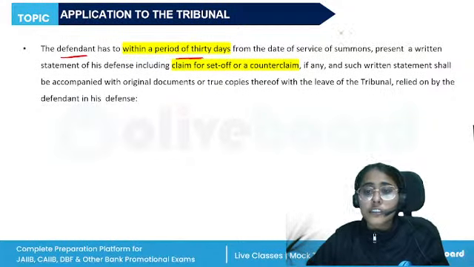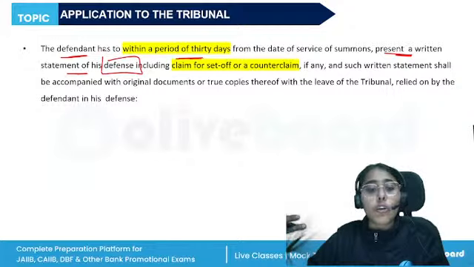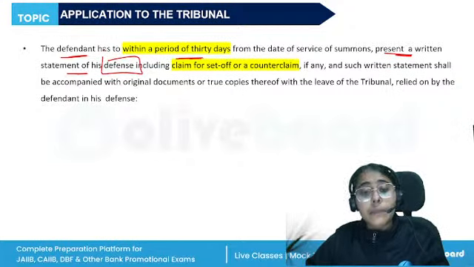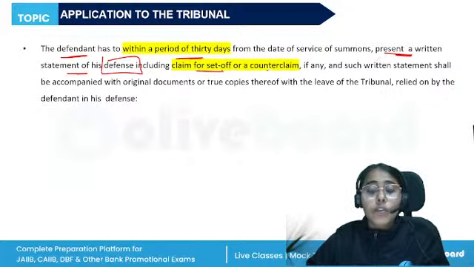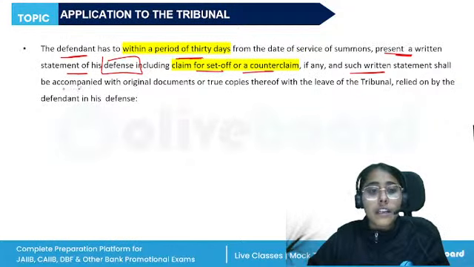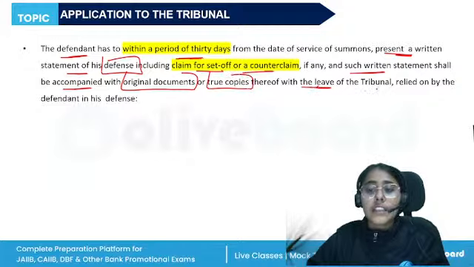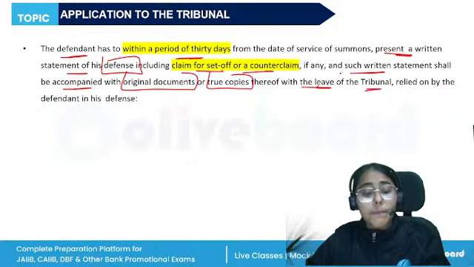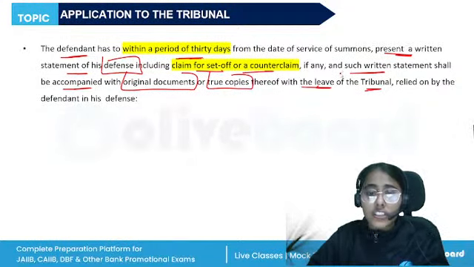The defendant has to present a written statement of their defense. So the defendant will be given an opportunity to be heard. They'll be given a period of 30 days if they want to claim a set off or a counter claim, and such written statement shall be accompanied with the original documents or the true copies with the leave of the tribunal. For that, 30 days will be provided.